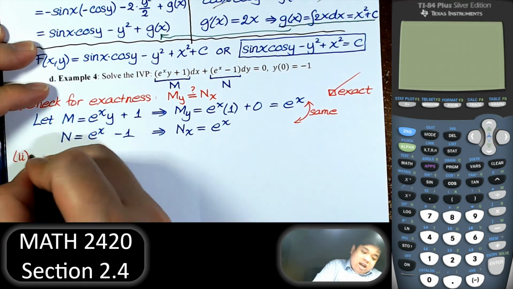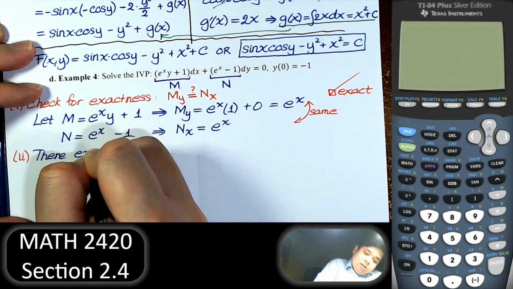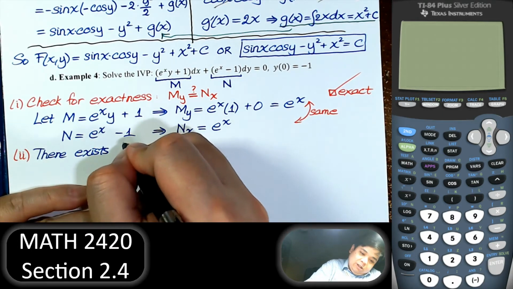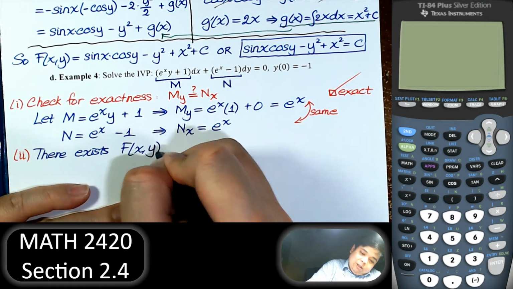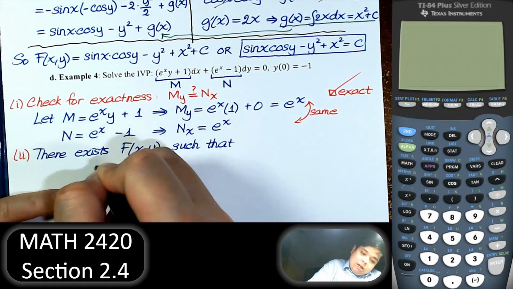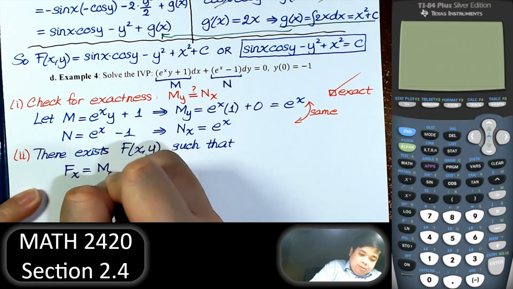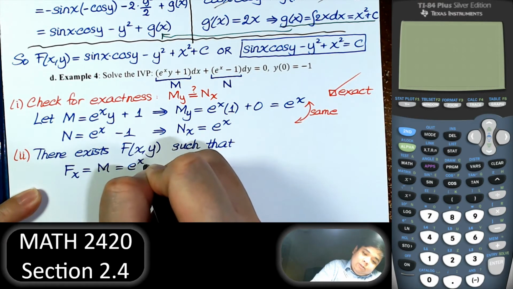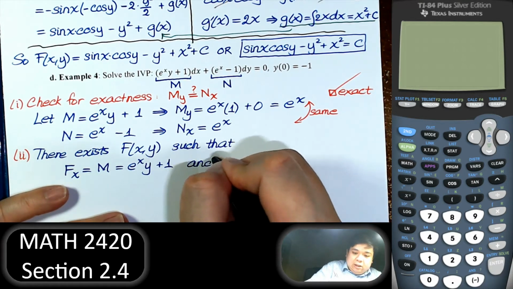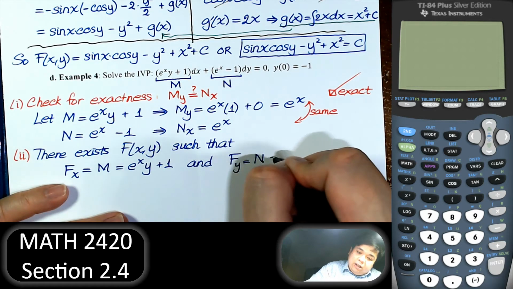So the equation is exact, so we say there exists a potential function such that the derivative of f with respect to x is equal to m and the derivative of f with respect to y is equal to n.